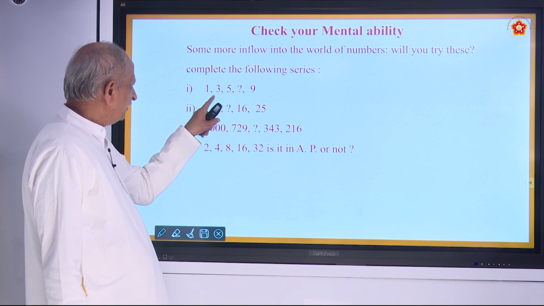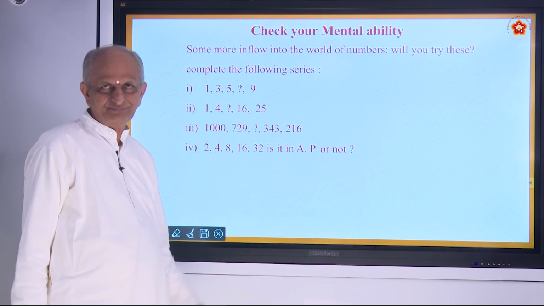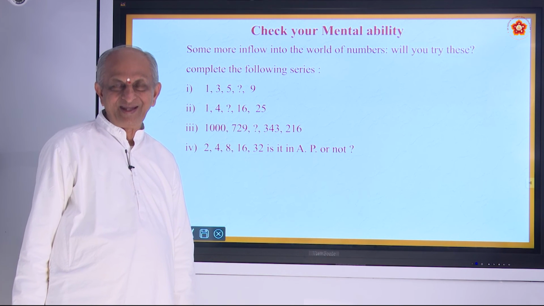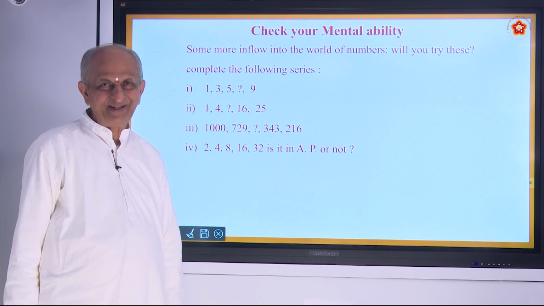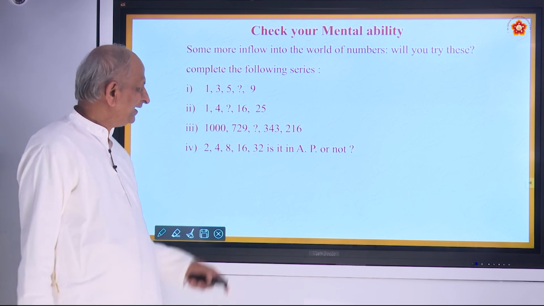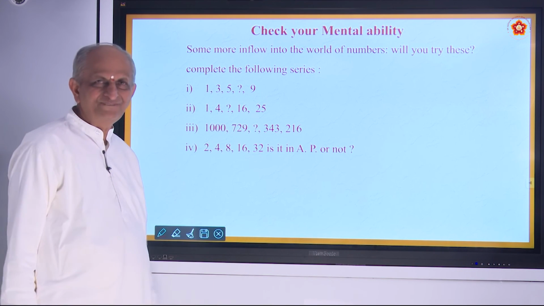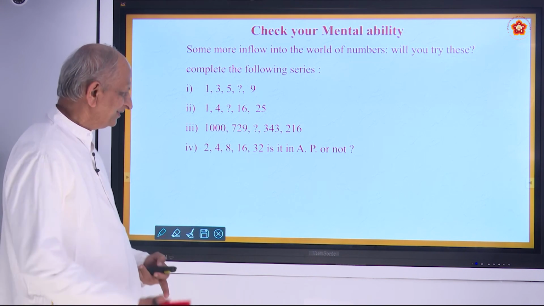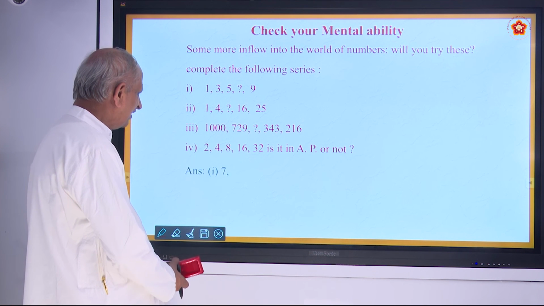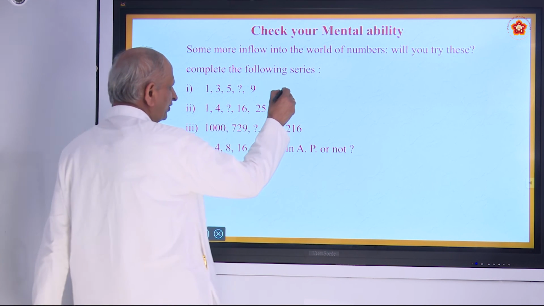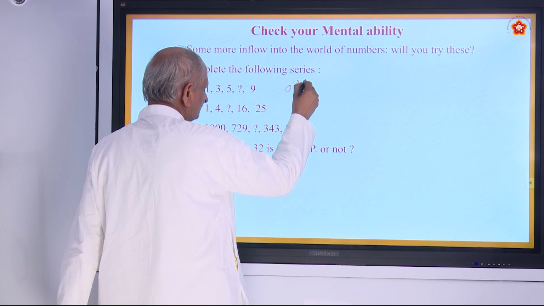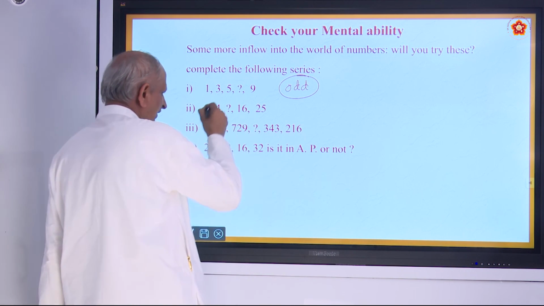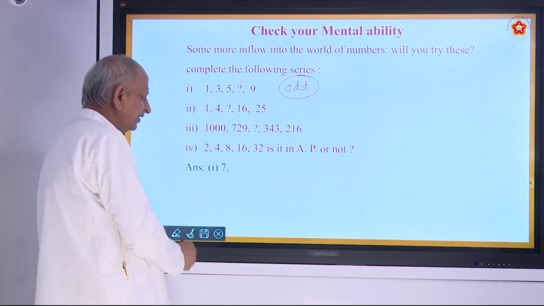So 1, 3, 5, dash, 9. What kind of numbers are they? Yes, they are odd numbers. So the 7 is missing, so the answer is 7.